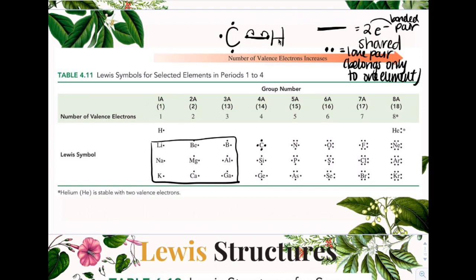There are some exceptions, but I'm going to keep my metals out of it. Boron is going to act like a non-metal, so you will see boron possibly bonding. Beryllium and aluminum can also bond, but we will typically only use them as metals in this case, so we're going to exclude them from this pattern.